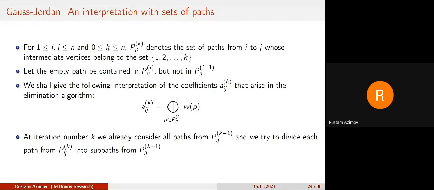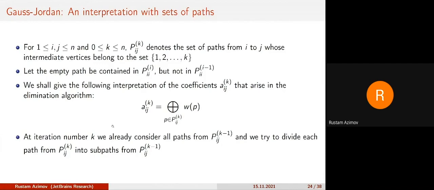We will split our set of all possible paths into classes P_ijk, which denote the set of paths from i to j whose intermediate vertices belong to the set from 1 to k. The empty path, for example, is assumed to be contained in such a class.